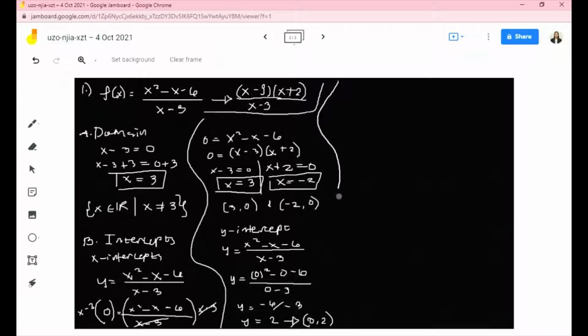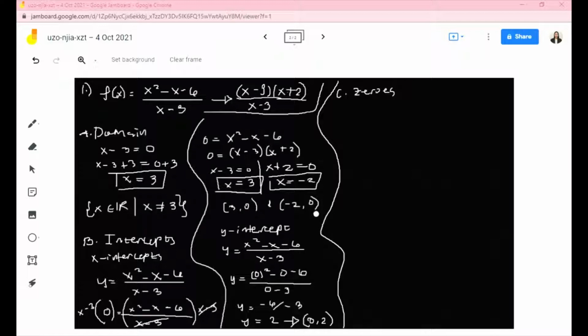Now we're done with the domain as well as with the intercepts. Next we'll have the zeros. But before we proceed to the zeros, take a look at the values of our x-intercepts in here. We have (3, 0) and (negative 2, 0).